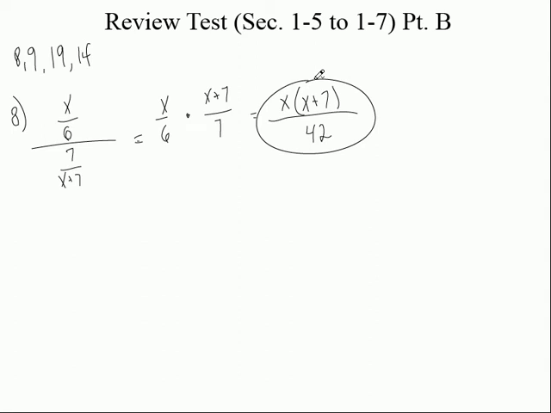So you'll accept either one: if you distribute, x squared plus 7x over 42. I would accept either one of these, but why bother doing this when I accept this? If it was me, I would write it like this. Either way, I give you credit. Doesn't make any difference.